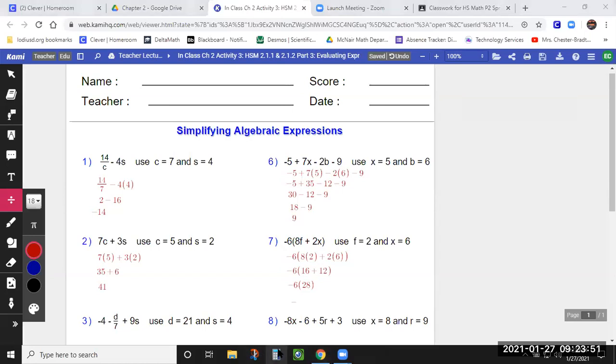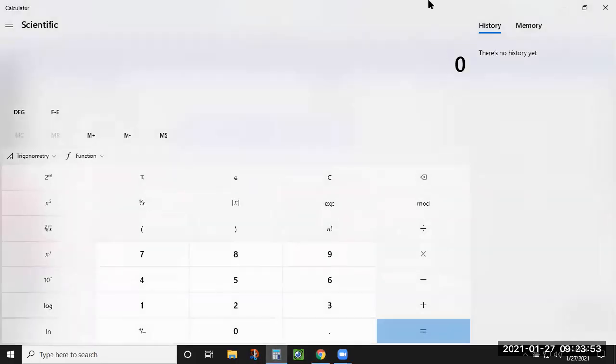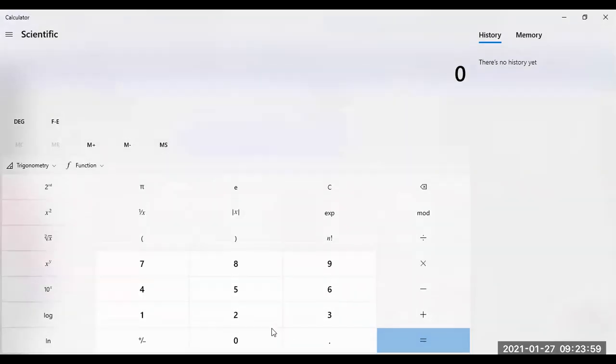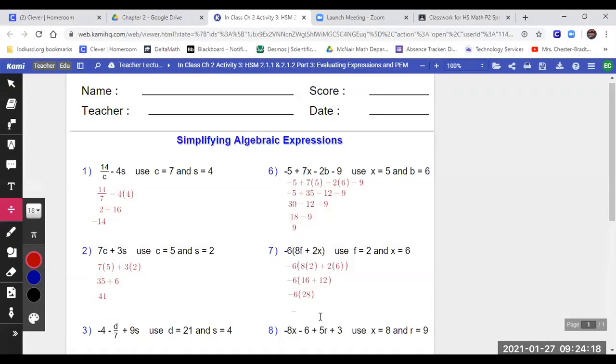So on your calculator, let me switch sharing. On my calculator, I would just be doing 28 times 6, okay? Do not worry about the positive or negative part of it, okay? 168. We're gonna put the negative back in because we know the rule says that if I have a positive times a negative, the answer is gonna be negative.